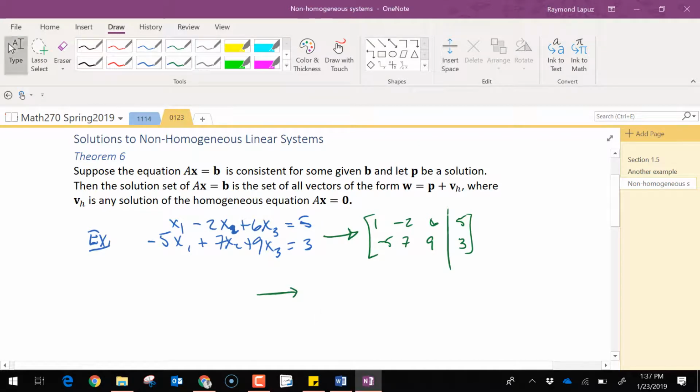So now I just have to multiply the first row by 5, add it to the second row. And then I get 0, minus 3, and 39 again. Those are the same values because that's the same kind of move that I made. So now 5 times 5 is 25, plus 3 is 28.